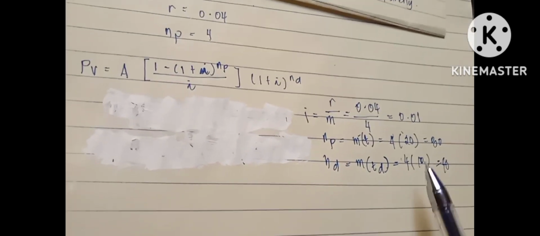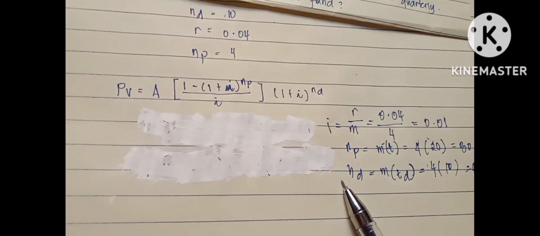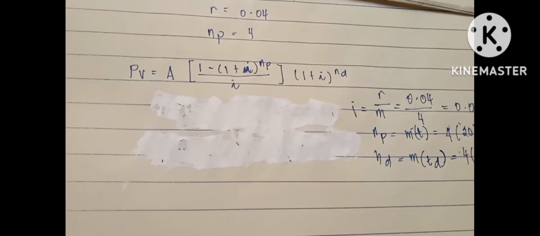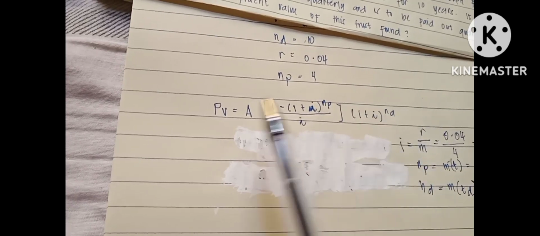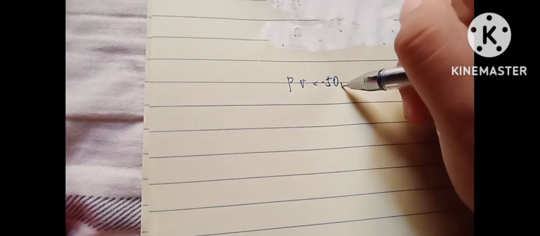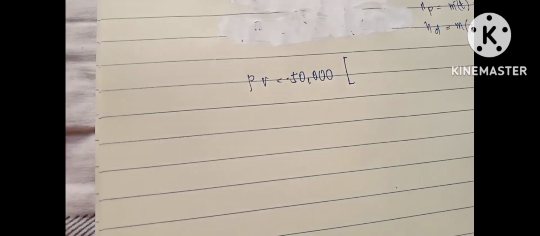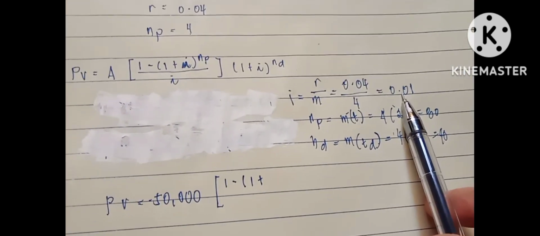So, since naa na tayo value sa I, sa number of period, and number of deferred period, ato sunod is i-substitute na ang values tanan diri sa formula. So, di ba? PV equals our A, which is 50,000, times 1 minus 1 plus our I. Our I is 0.01.